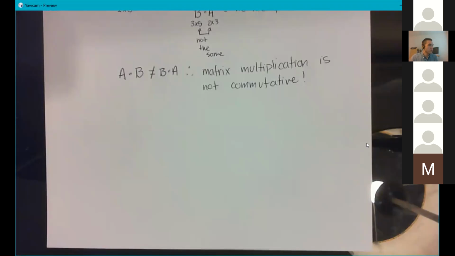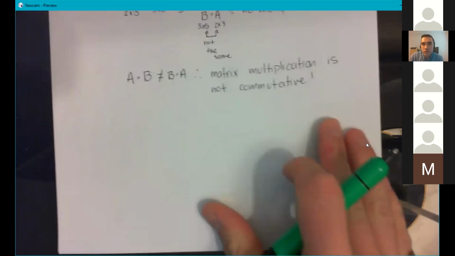Okay, so now we know what the rules are about what allows two matrices to be multiplied or not, right? However, it's a very different question to talk about what multiplying matrices actually looks like. And here's how we do it.